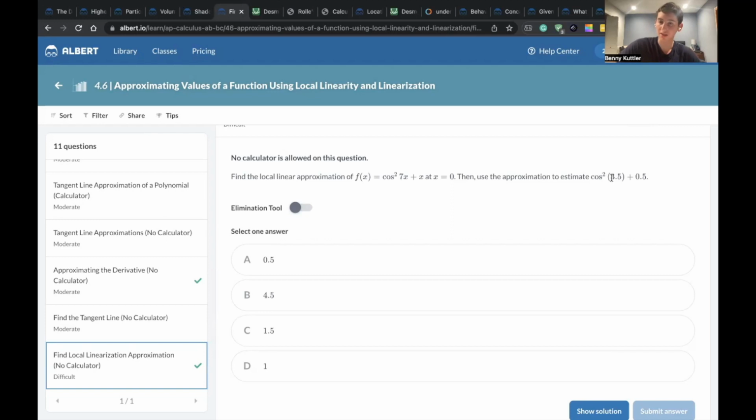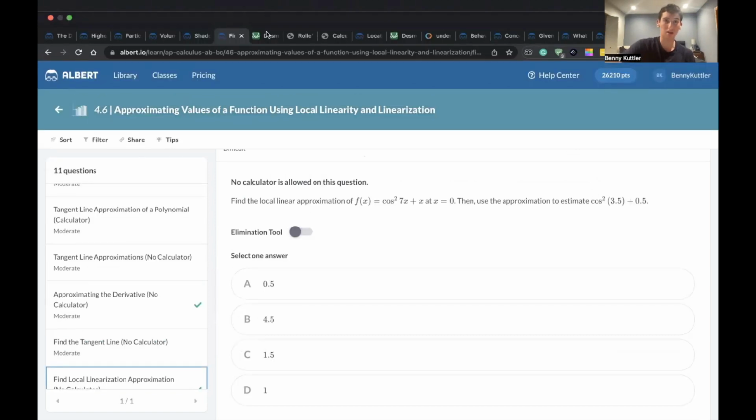So here we have cosine squared of 3.5. If we don't have a calculator, we have no way of knowing what cosine squared of 3.5 is. We can make a guess based on pi being 3.14 and 3.5 being a little higher than that, but that's not going to give us a very accurate answer. So a better way to do this is linear approximation.